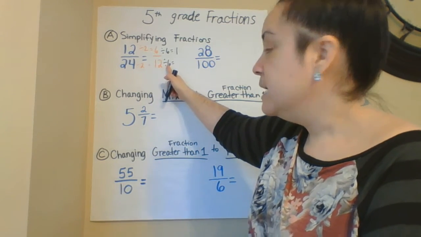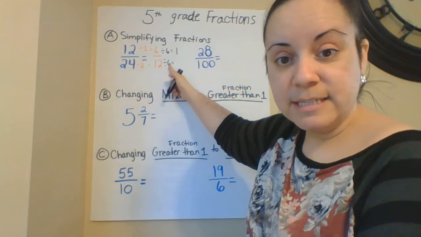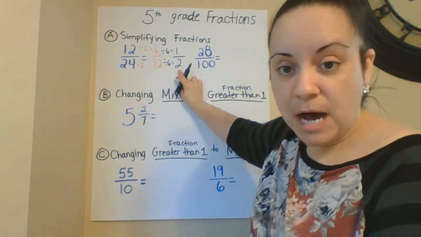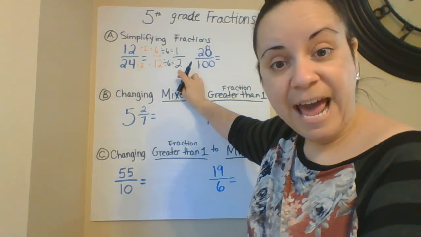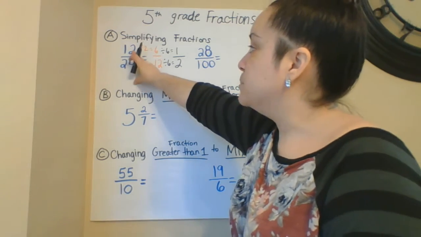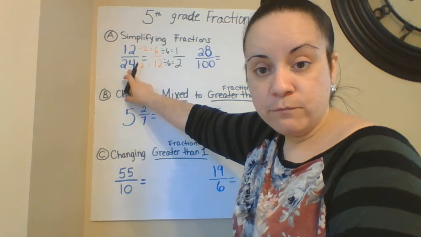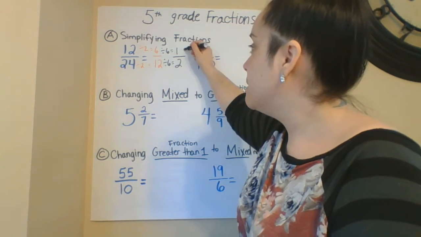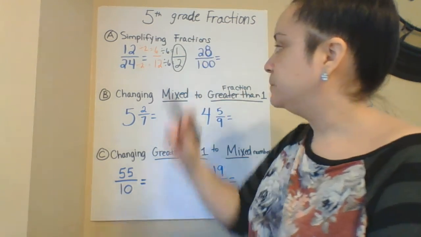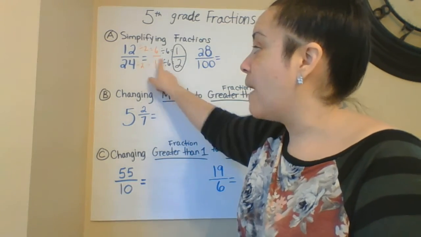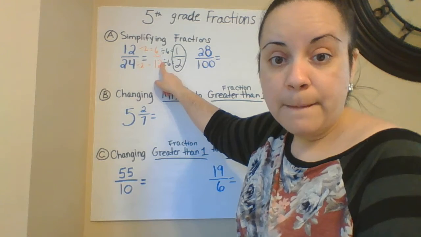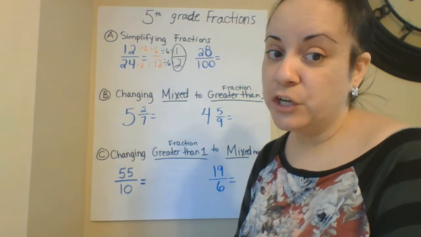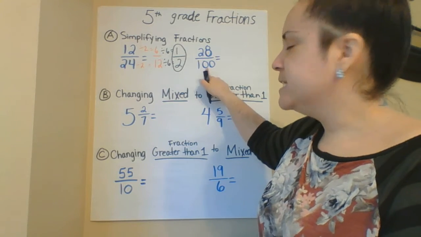So 12 divided by 6 equals 2. So this is the smallest that I can go, 1/2. So if I simplify 12 over 24 to the simplest fraction, it is 1/2. Notice I had to do it a couple times because I needed to make sure that I went as small as I could go.